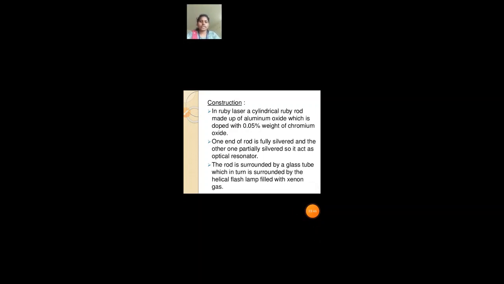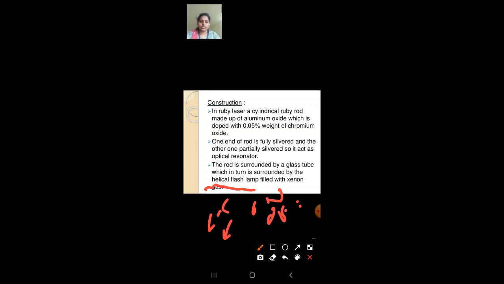So here we have to supply the energy to the helical flash lamp.